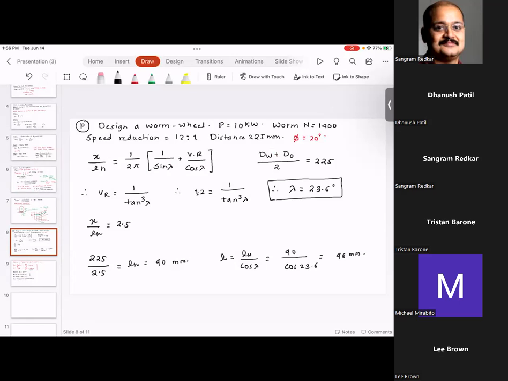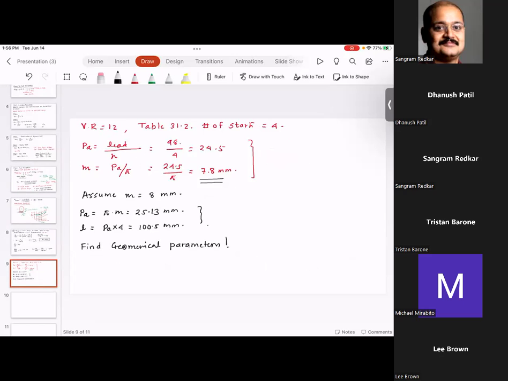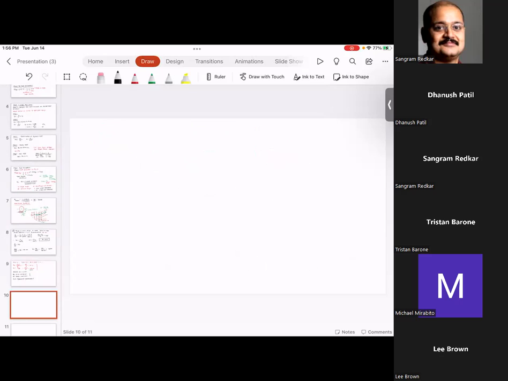And this actually gives us the geometry of the worm and worm wheel. Now we can proceed to the actual design, and the design is always done on the wheel because the worm is stronger than the wheel. So we design the wheel.